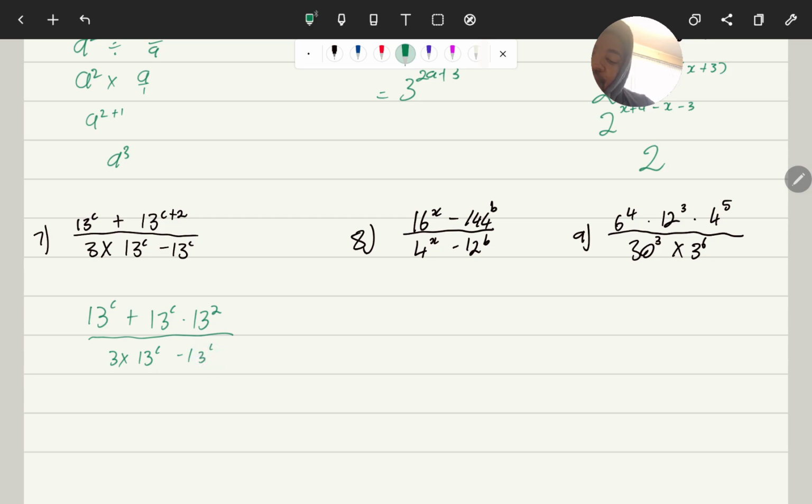You see that in both numerator and denominator you have a common factor of 13^c, so I'm going to take it out. Then I have 1 plus 13 squared, and 13^c times 3 minus 1. So here, since we are using laws of exponents, you could say this is 13 to the power of c minus c.